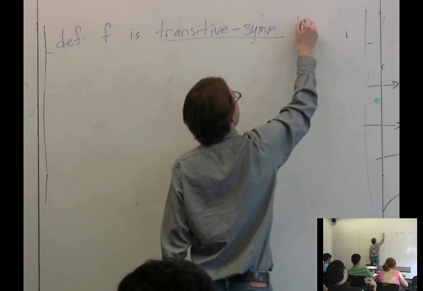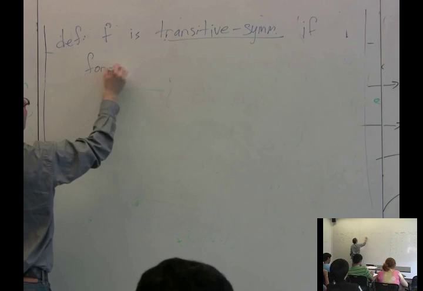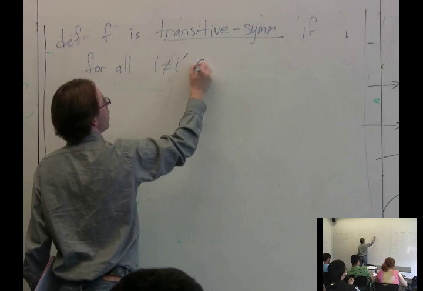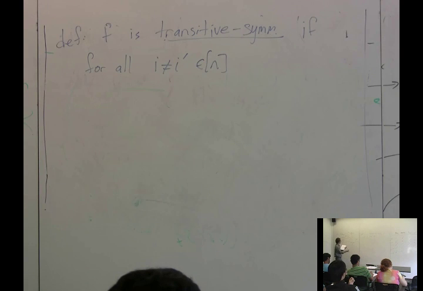If for every pair of voters, I and I prime, there is a permutation of the voters which maps I to I prime and which the function is symmetric under.